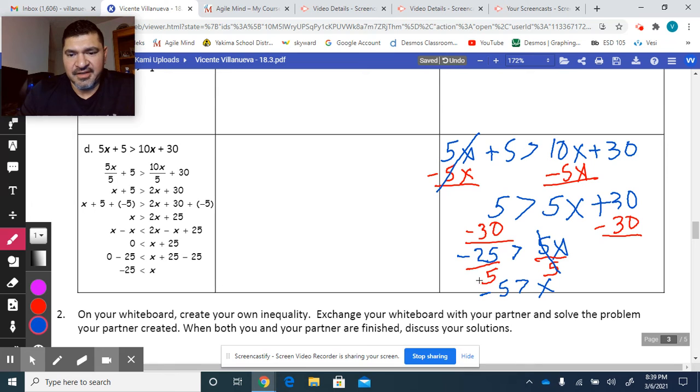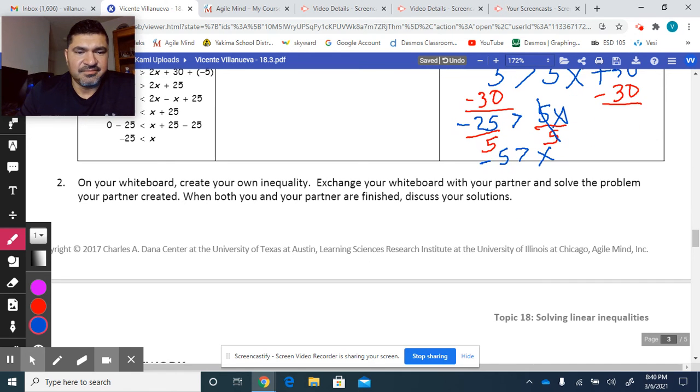Okay, notice I did not divide by a negative, so we don't change that sign. We ended up with a negative answer, but because we didn't multiply or divide by a negative, the symbol will stay the same. All right, let's take a look at number 2.